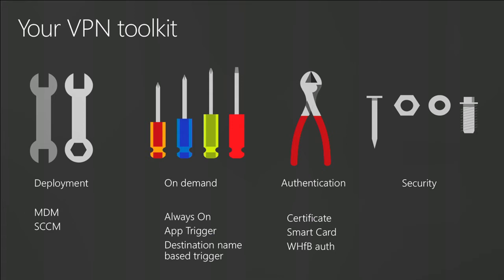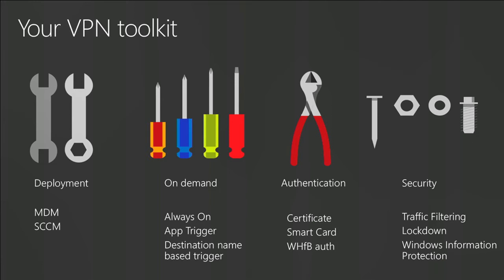And fourth, security. How do you set up an architecture in which you are securing the right resources? A few of the options in order to do so are, first, traffic filtering, being able to control what traffic is going over the VPN tunnel and what's not.